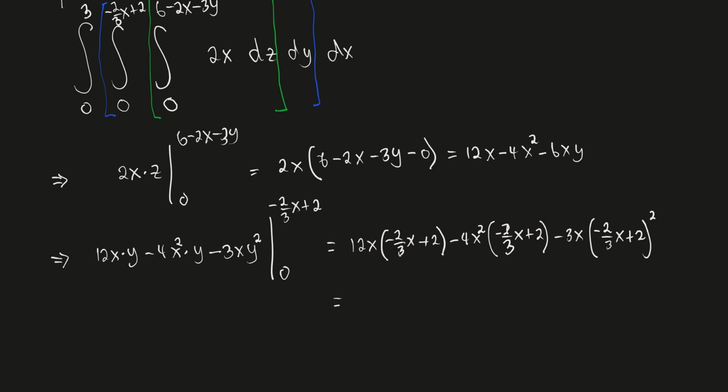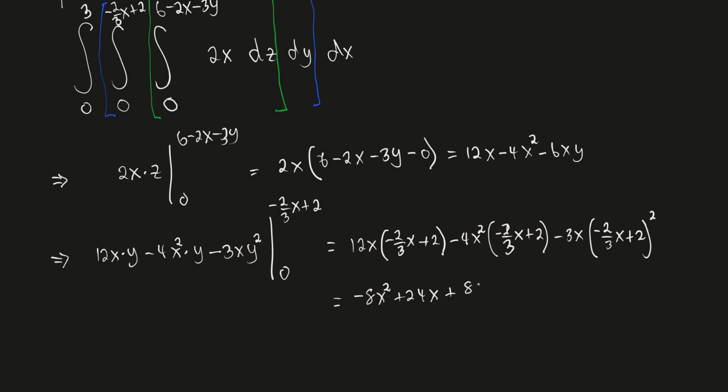All right. Well, let's do that algebra. So if we distribute the 12x, we will get negative, so what's that? Negative 8x squared. And then plus 24x, like that. And then we'll have positive 8x cubed over 3.